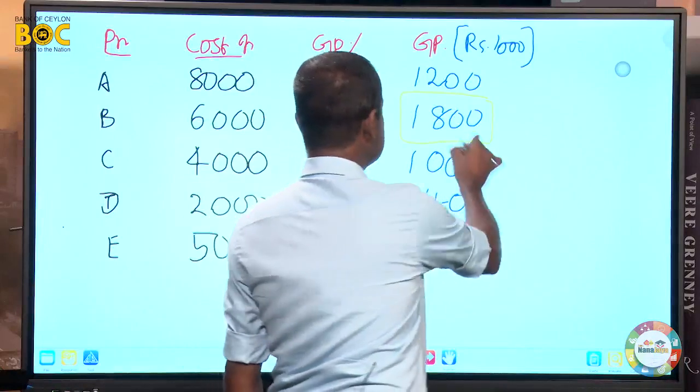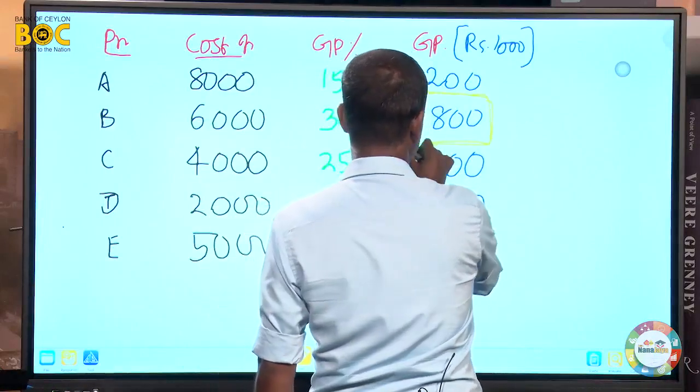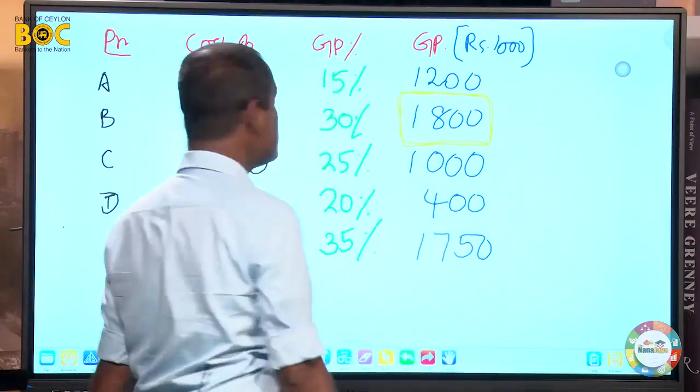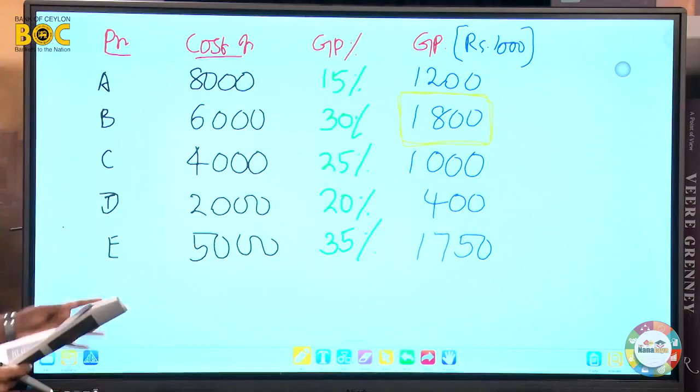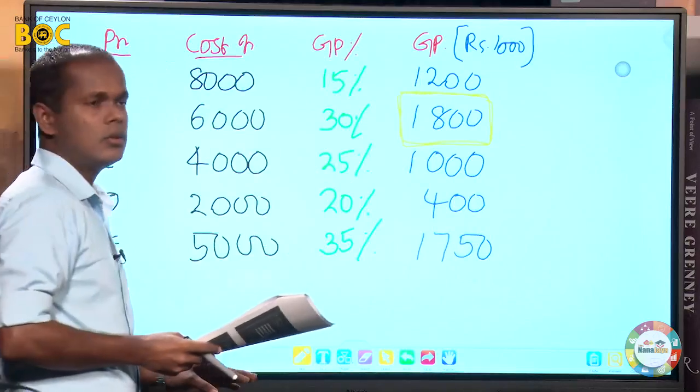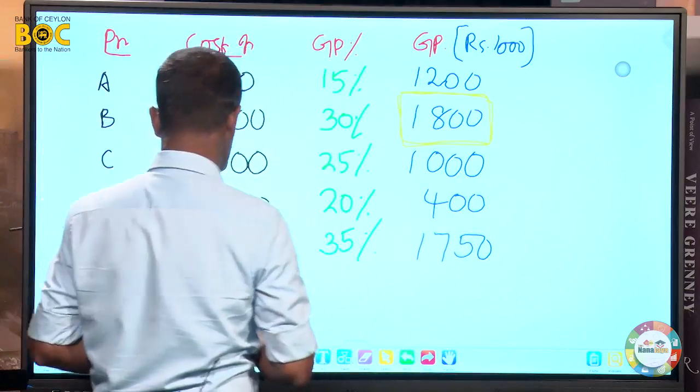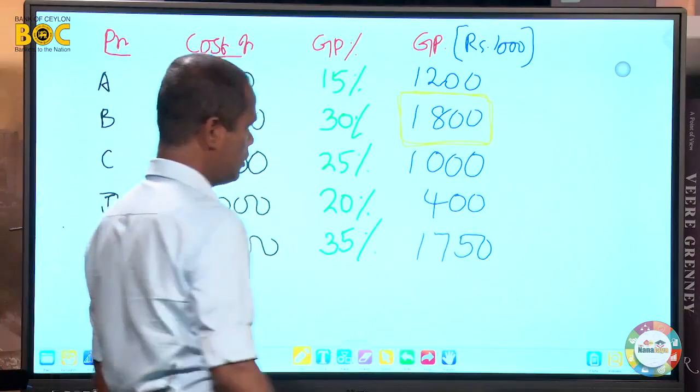Out of the calculations you made, you identify product B. Product B generated the higher amount of gross profit.